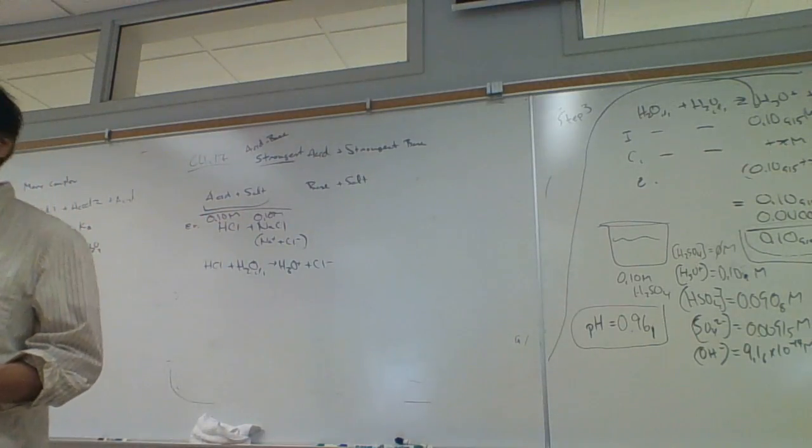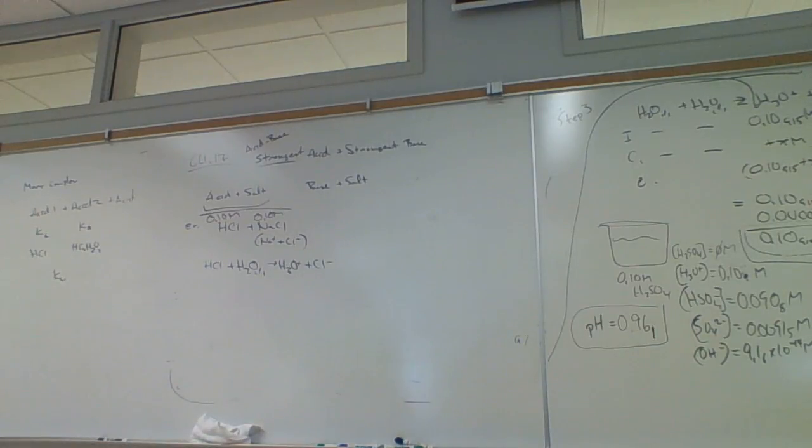0.1 molar is a very popular concentration. You might think 0.1 molar is really dilute, isn't it? Most of the time we're working with 3 molar, 6 molar, this kind of stuff. But 0.1 molar is not very concentrated at all. The reason we use 0.1 molar all the time is because we need these to be dilute, because the more concentrated these solutions become, the more we have to worry about what?